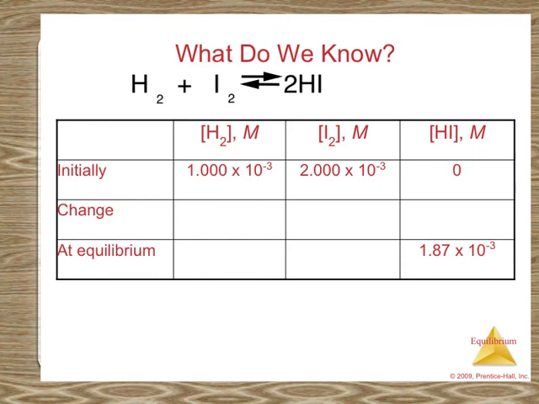We're also given a concentration of our product at equilibrium. And since we know that the stoichiometry of the reaction is 1 to 1 to 2, and we know that the product has increased by this amount, then we know that these concentrations have decreased by half that amount.